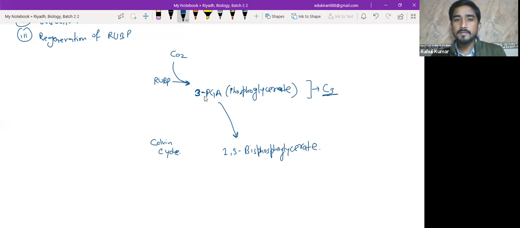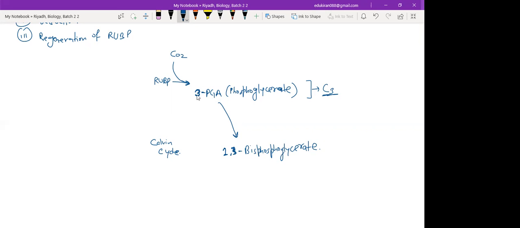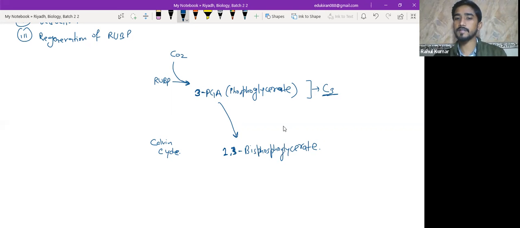Now you know that this 1,3 is the position of this phospho group, right? So if there is one, it is at the 3rd carbon. It's called 3-phosphoglycerate. If there are 2 phospho groups, on the 1st and the 3rd carbon, it is bisphosphoglycerate. Is it clear?